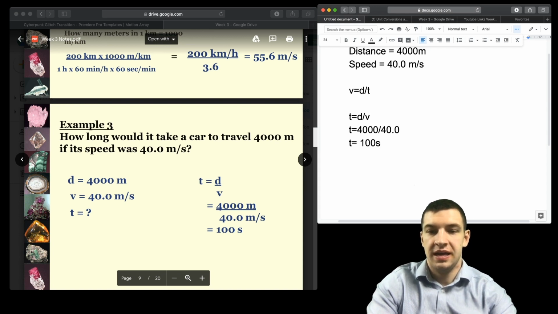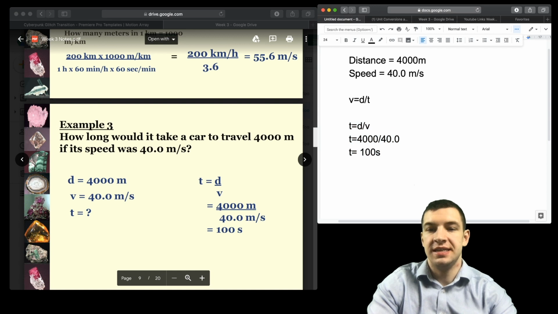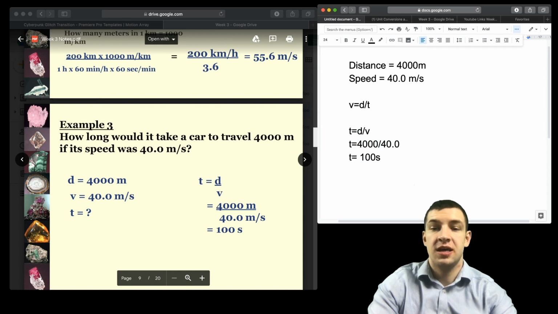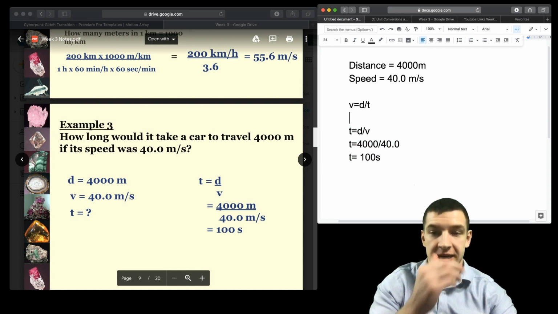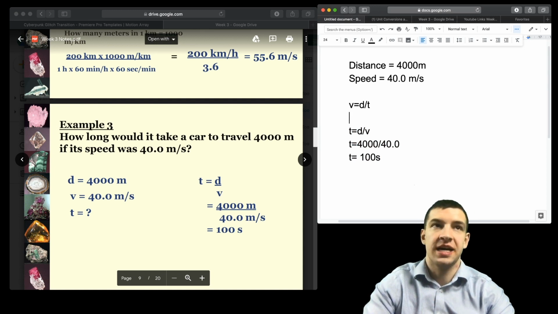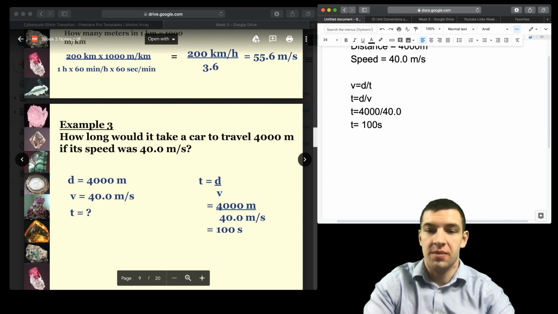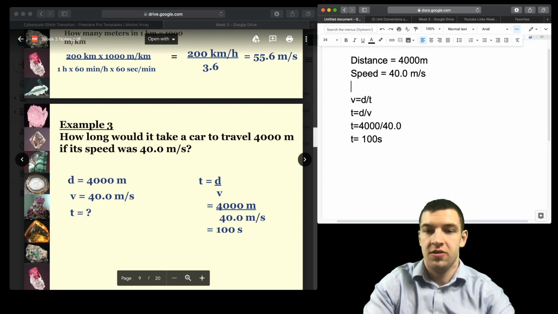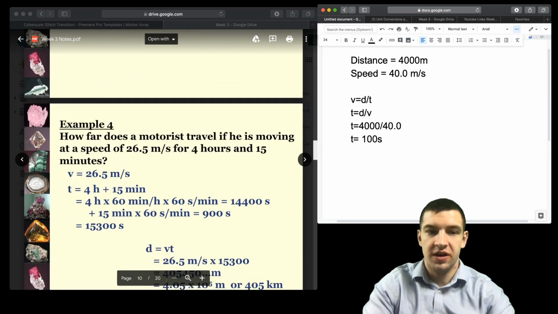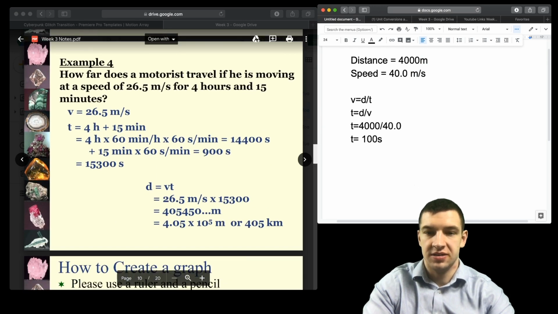Now, the main thing is this was nice and easy because the distance was in meters and the speed was in meters per second. So if that was 4 kilometers, you would have to change that or else it wouldn't be correct, because the units have to match. Meters have to match with meters, okay? So let's move on to our next example, example 4 here.